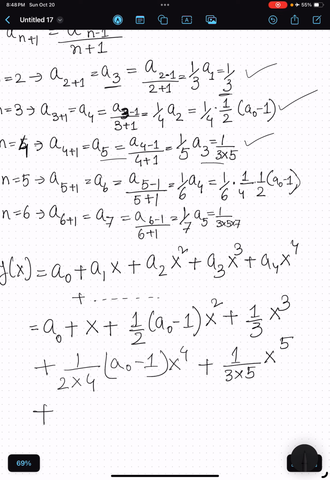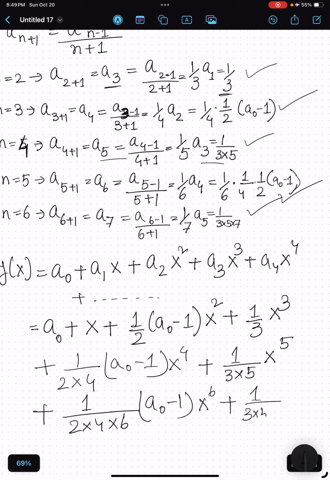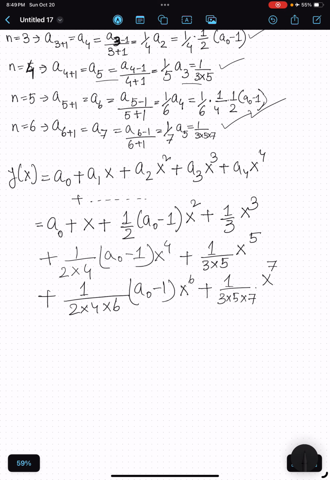Now I'm looking at a sub 6, which is this one. So I have 1 divided by 2 times 4 times 6, a sub 0 minus 1, then x to the power 6, plus finally we have our a sub 7 term. So that is 1 divided by 3 times 5 times 7, x to the power 7. So I think this is more than enough for our terms.